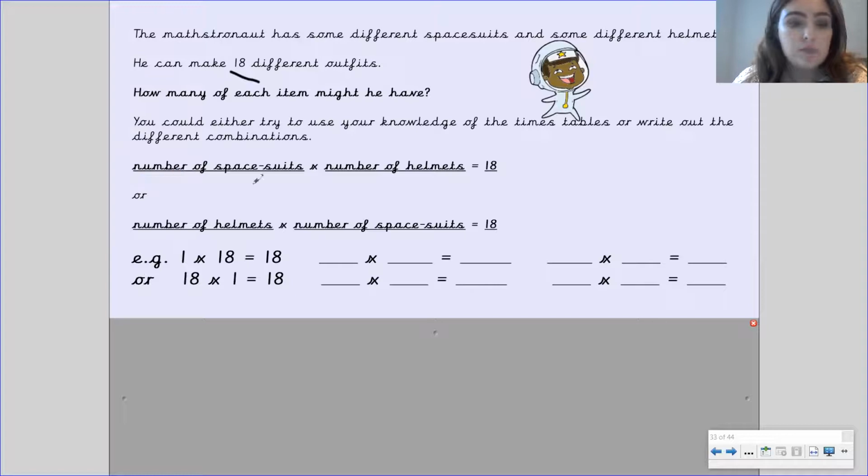So you do number of spacesuits times number of helmets equals 18, or number of helmets times number of spacesuits equals 18. So for example, you could have 1 times 18 equals 18, which means one spacesuit and 18 helmets, or 18 times 1 equals 18. So 18 spacesuits and 1 helmet. Pause the video to have a go at doing this question.